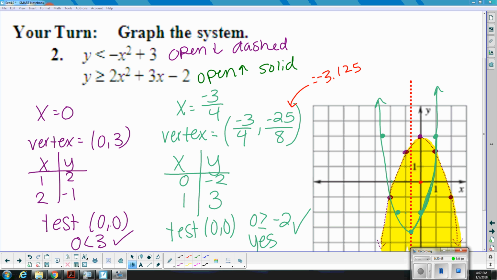When you're graphing, it'll help you to kind of give you an idea of where that is. So either put it as a mixed number or you can put it as a decimal. And with these long decimals like this, you're not going to get it exactly, so just graph about where it would go on the graph. So you can see my vertex in green.